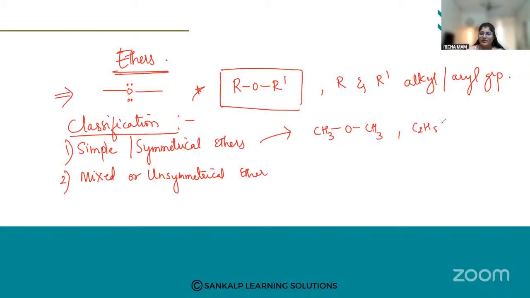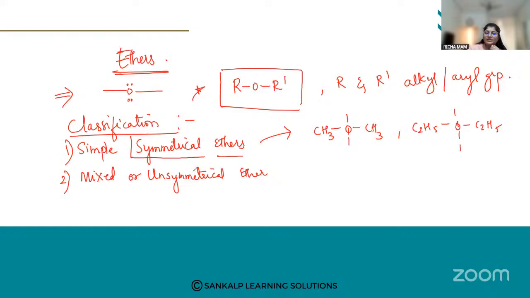For example, C2H5-O-C2H5. Across the oxygen atom, the group attached to the oxygen atom is the same.